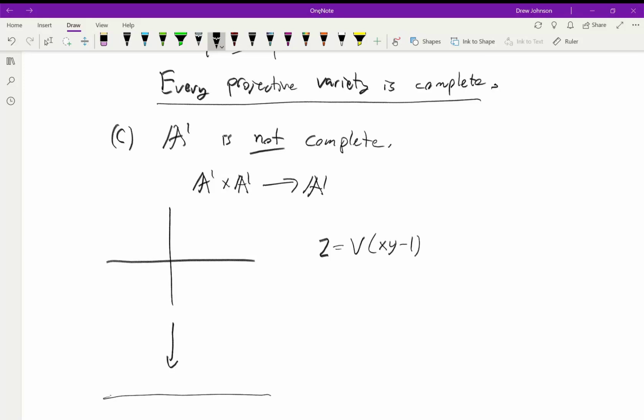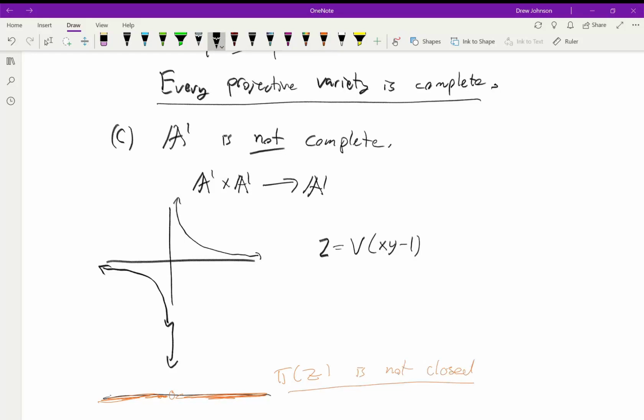So you get this kind of a hyperbola thing, right? All right, so this hyperbola is exactly Z. This is a closed subset of the product. But what is this image here? So the image of Z is just going to be the affine line minus the origin, right? So the image pi of Z is not closed. All right, so that shows that A^1 is not complete.